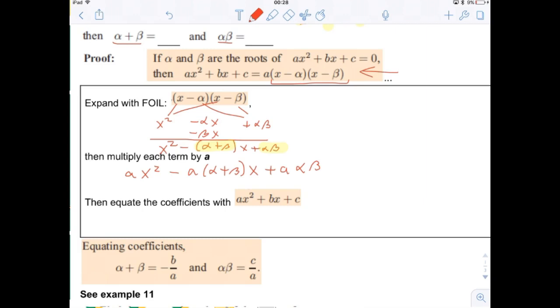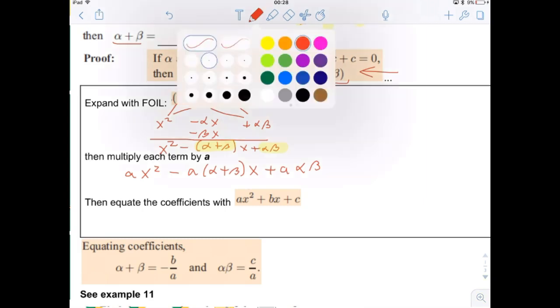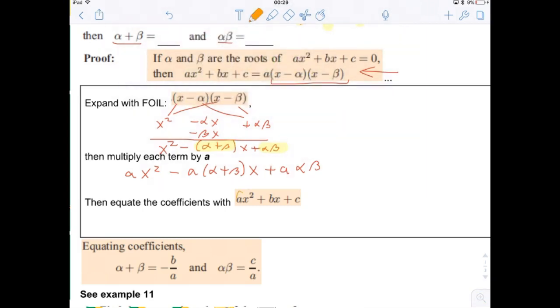Okay, then I'm going to take this expression and start relating it to the standard form. So first, those two match, a and a match. Then I'm going to say, well, what does b match with? Well, b matches with that big mess here. And c matches with this here, okay?